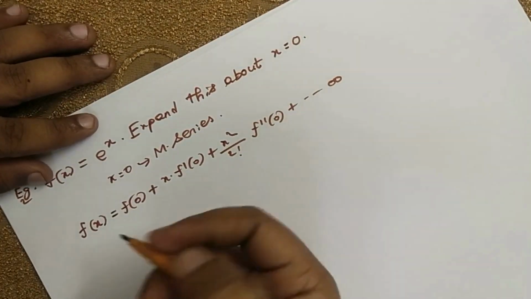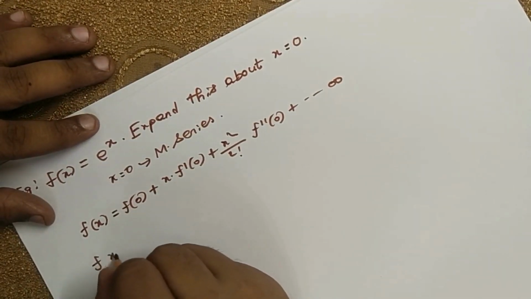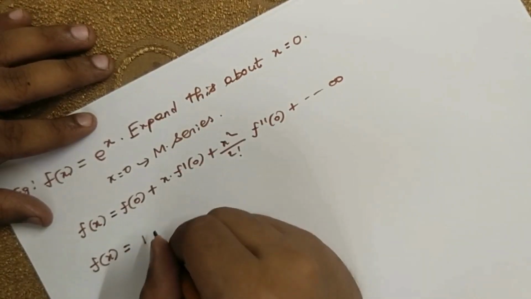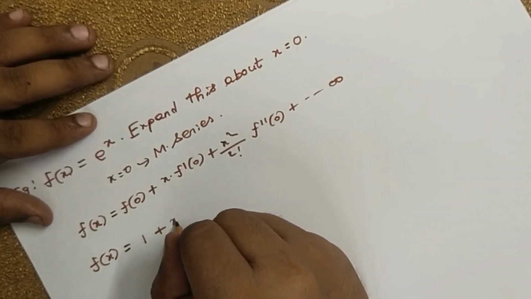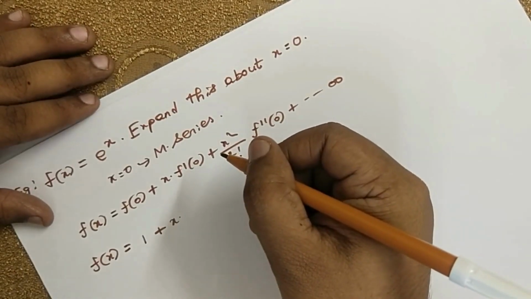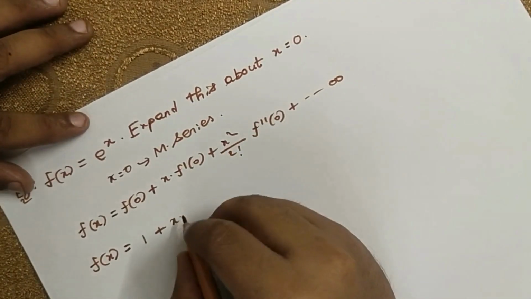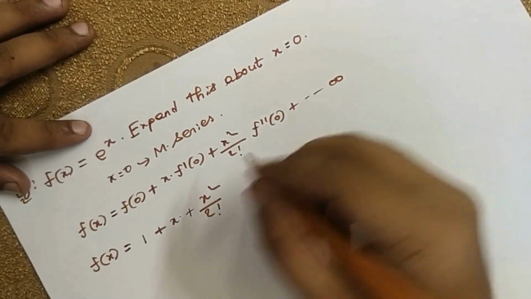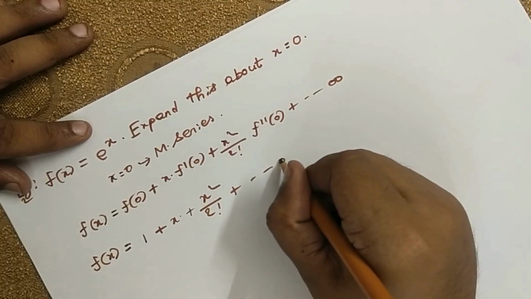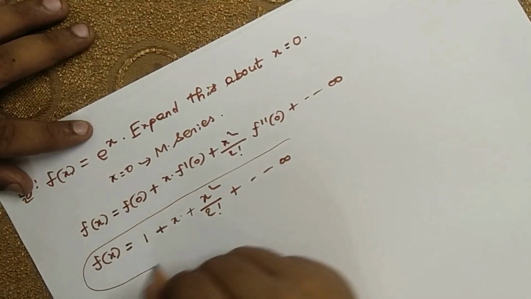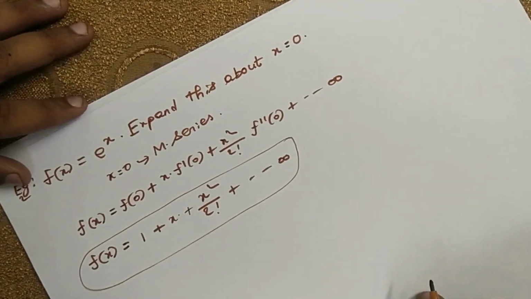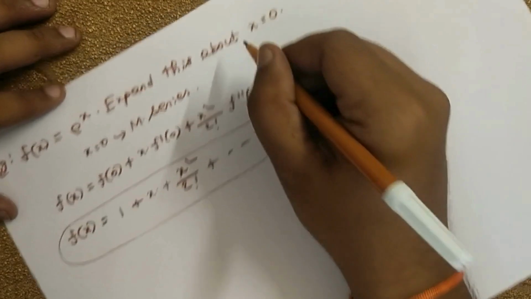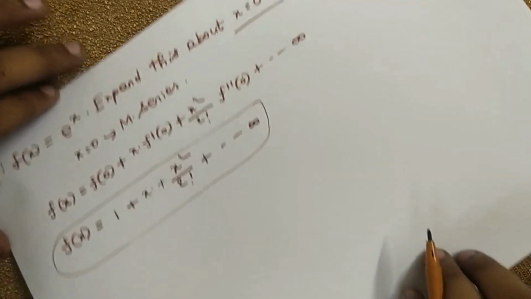So here f of 0 means e power 0, which is 1, plus x into f dash of 0, again e power 0, 1, plus x square by 2 factorial into f double dash of 0, which is also 1, and so on to infinity. So this is the polynomial representation of e power x. Yes, this is around a point x is equal to 0.